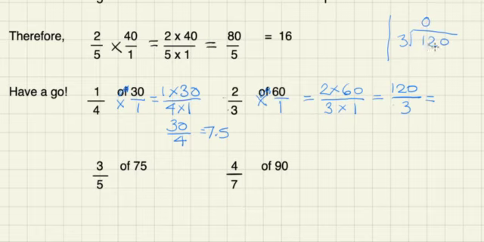Then this becomes 12. 3 goes into 12 4 times. And 4 3s are 12. Take one away from the other and it's 0. And then there's the remaining 0. So that's 40. So have a go with this one now.